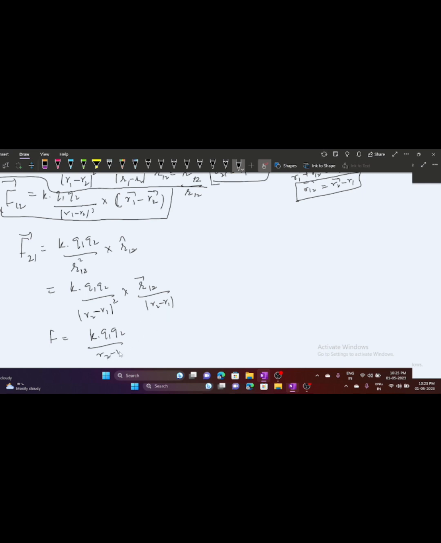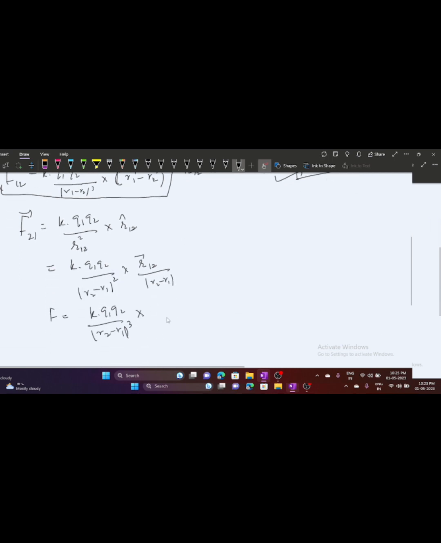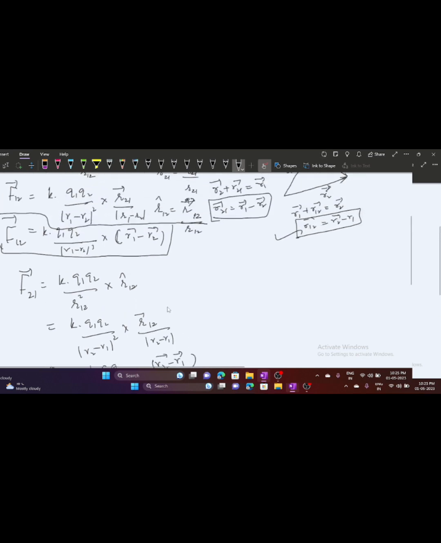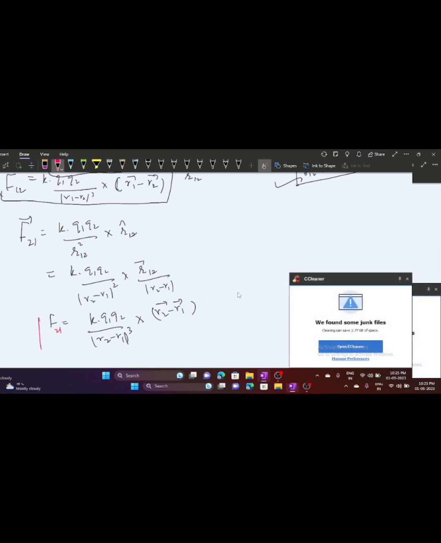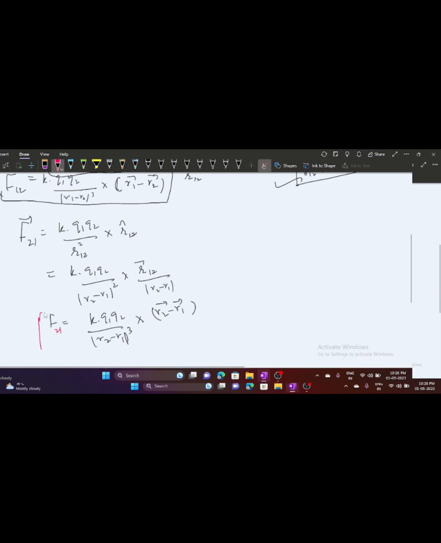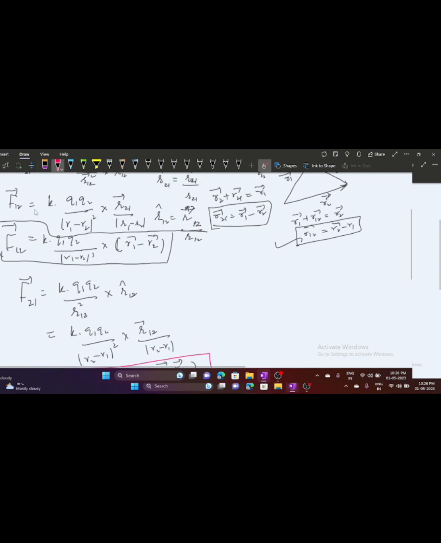So this is K Q1 Q2 divided by the magnitude of R2 minus R1 whole cube, multiplied by the vector R2 minus R1. This is the vector representation of F21, the force on second due to first, and the earlier one is F12.